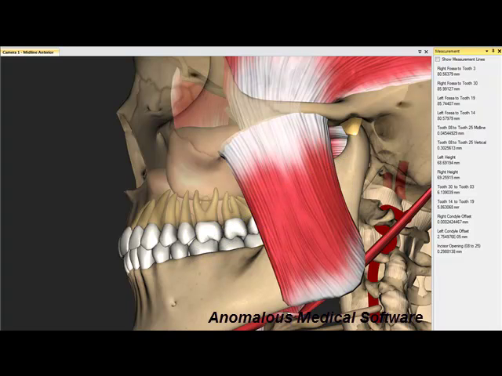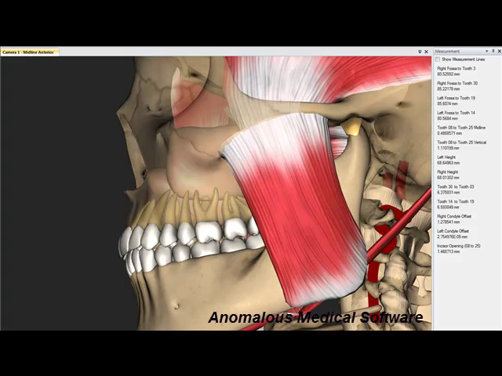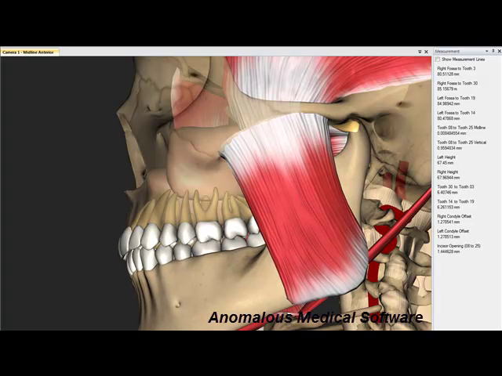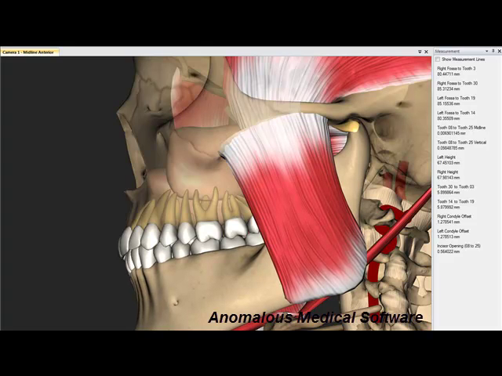And as you watch the left ramus height, you can see that it's about 68.69, and with distortion of the right temporomandibular joint disc first, there is a change in vertical height of the left joint. Then with dislocation of the left disc, that vertical height distorts even further, here more than a millimeter. And then as we go through adaptation of the bite in the posterior, the ramus height stays relatively the same.